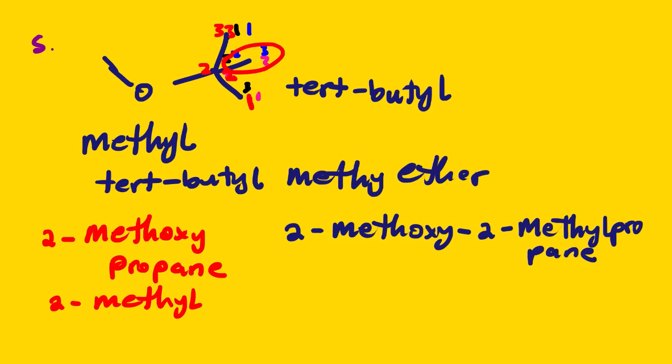For the sake of understanding, let us quickly do the last one. For this one, you can pause the video, try to work it out and play the video to verify your answer. Suppose we have something like this. And then let us put a double bond here.